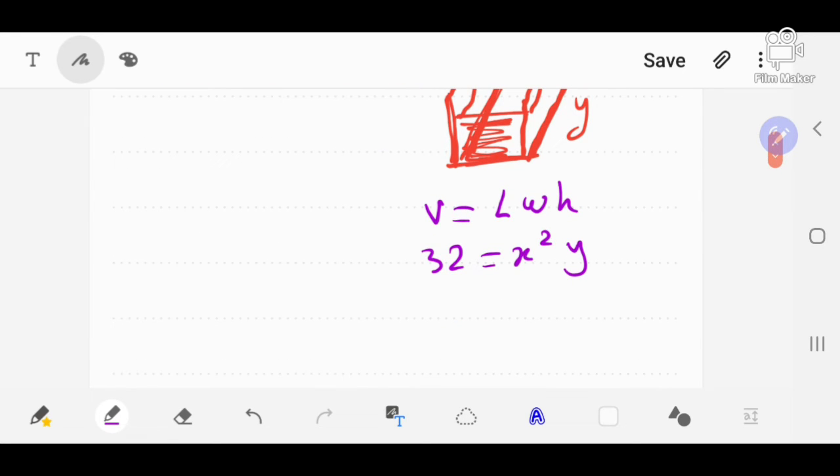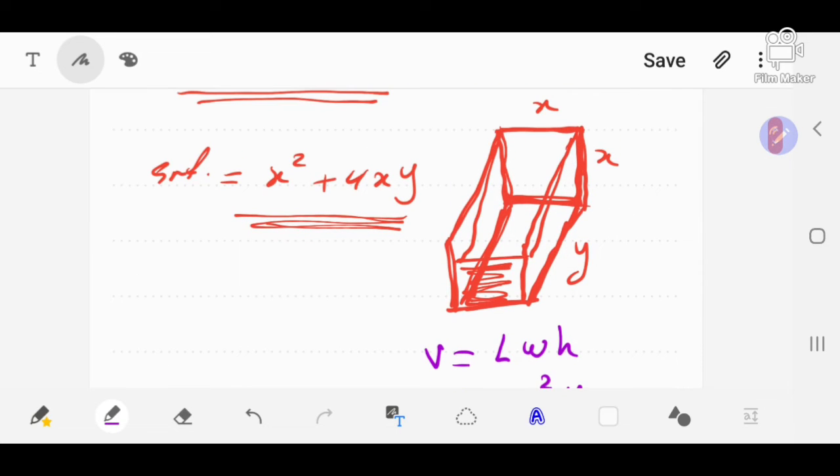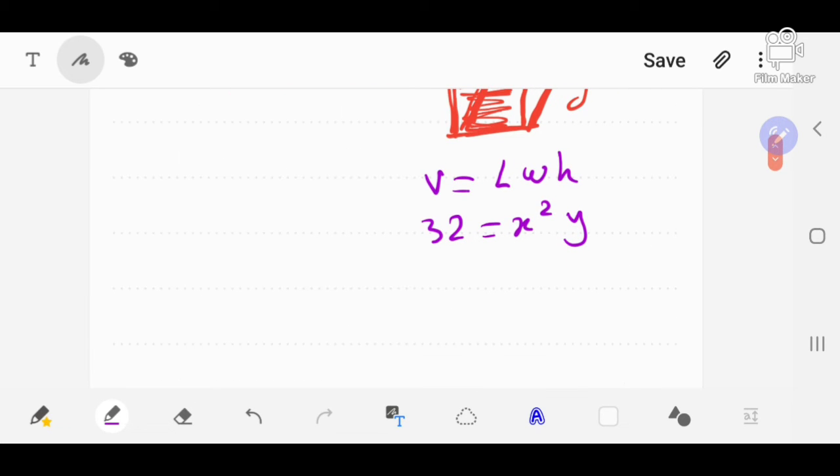Now we need to solve it for either x or y. Let's have a look at our relation here. We have both x and y. Which one is easier to replace? I believe y is easier, since we have only y here. So let's solve it for y. This means y equals 32 over x squared. This is my secondary equation.